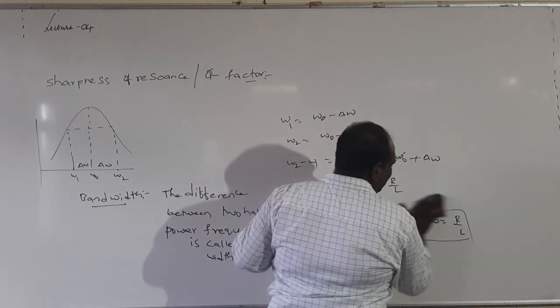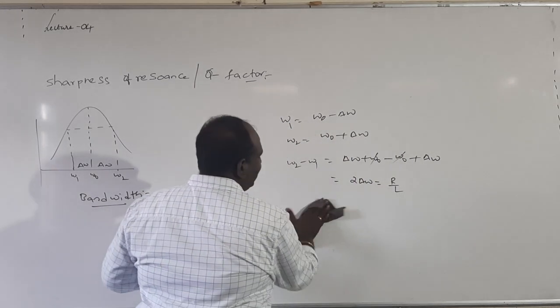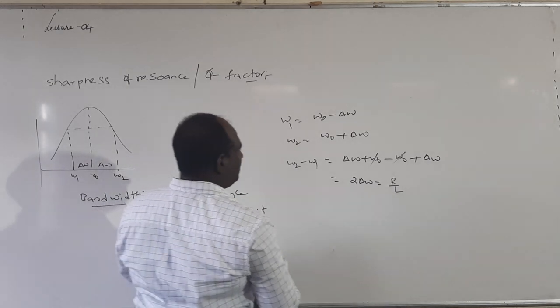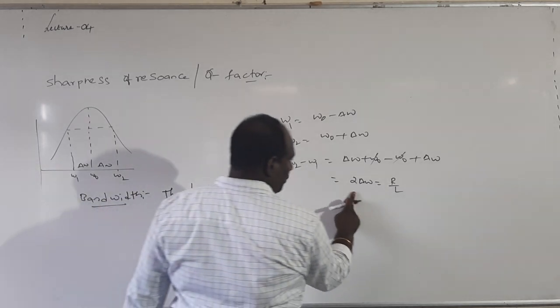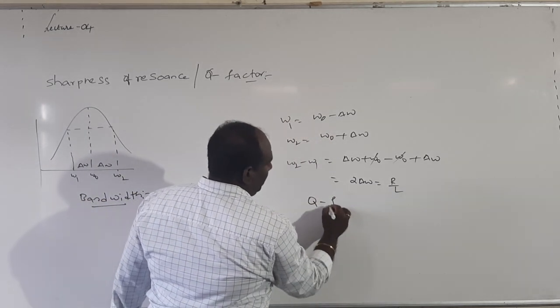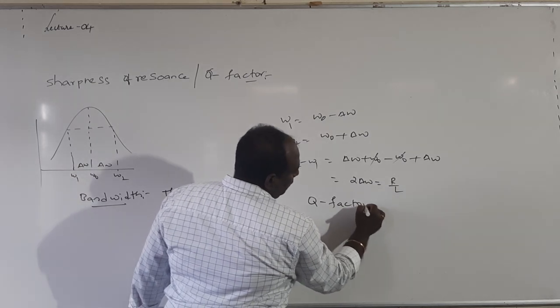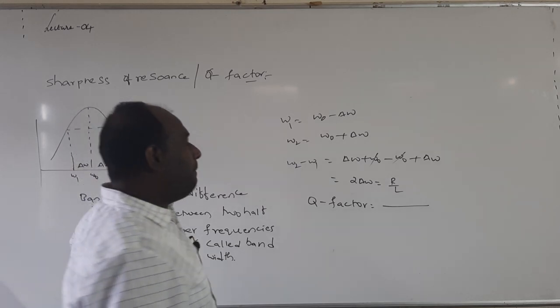Then how do we define Q factor? We are getting 2 delta omega equal to R by L. Next, quality factor, Q factor. Q factor can be defined as the ratio of resonance frequency to the bandwidth.